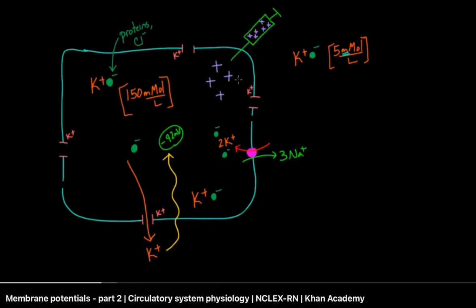Let's assume we don't know exactly where this is coming from, but it's going to make my cell not negative 92 anymore. It's going to make it more positive than it is. Let's say I make it halfway back to 0. So instead of negative 92, it's negative 46 millivolts.